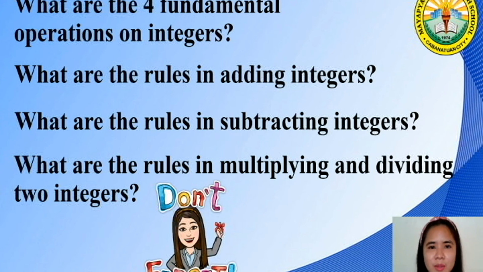What are the rules in multiplying and dividing two integers? Good job! The rules in multiplying and dividing integers are: if the signs of the integers are the same, the sign of the answer is positive, and if the signs of the integers are different, the sign of the answer is negative.